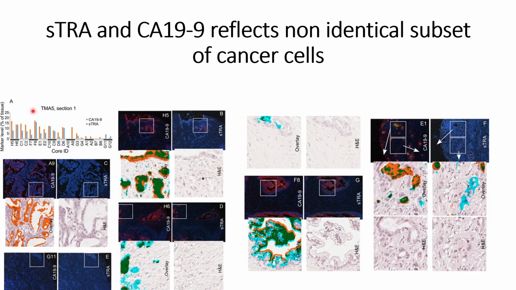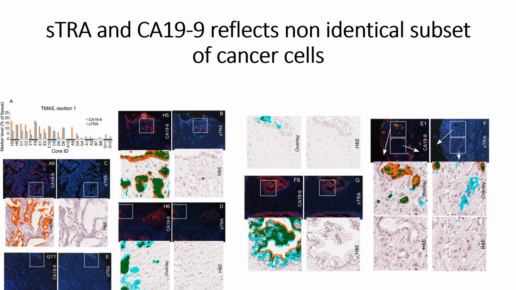The researchers presented results showing that in some cases sTRA and CA19-9 are expressed together on the cell surface, and in some cases they are expressed on different subsets of the cancer cells.